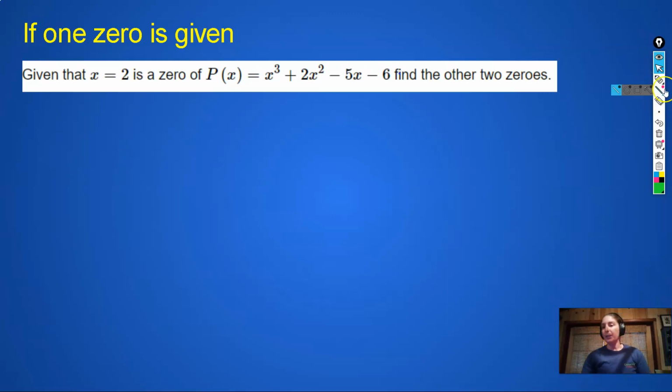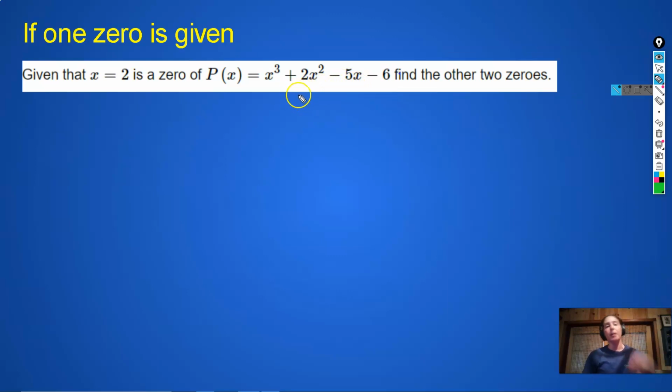So let's get going. There's a couple different scenarios we can run into. One of them is, what if we were very nicely already given a zero? It's basically like a gift. So in this problem, given that x equals 2 is a zero, let's remember what that means. If I plug in 2 to my function, everywhere where I see an x, I will zero out the function. It'll equal 0.